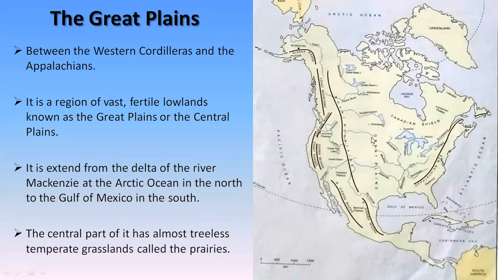The central part is the treeless grassland called the prairies, one of the most fertile lands, with some of the greatest agricultural production.